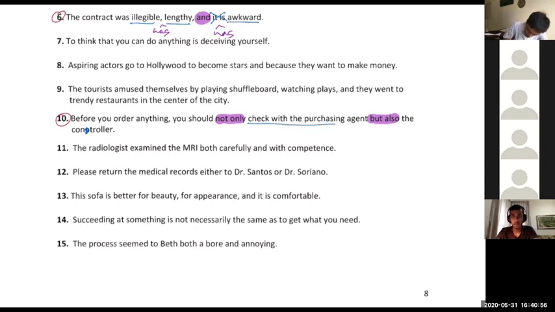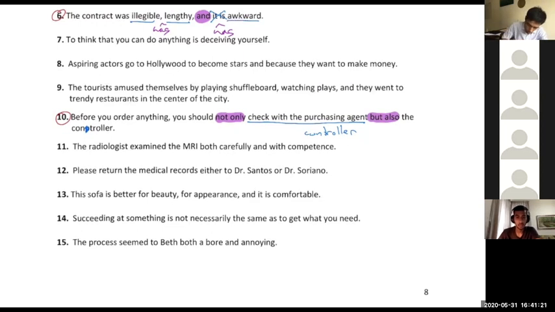Check with the purchasing agent, but also check, we can copy this entire thing, check with the controller, or you can do with the controller, or the controller. So you can do all of these. This structure is what you want to copy.